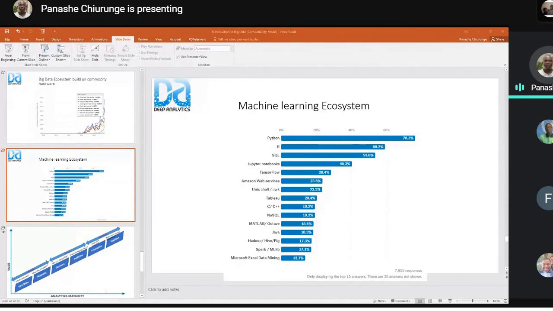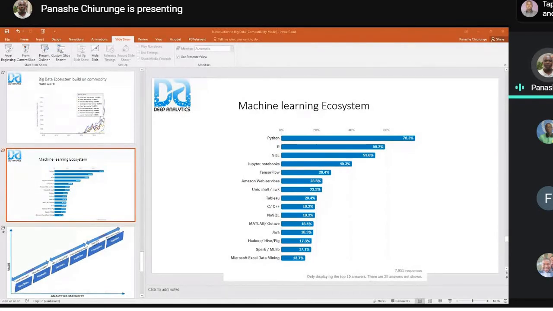And then there's TensorFlow. Most of you might have heard of TensorFlow. TensorFlow is the machine learning tool that we'll be using for our data analytics, machine learning and deep learning. So it's mainly these top four which are used internationally.